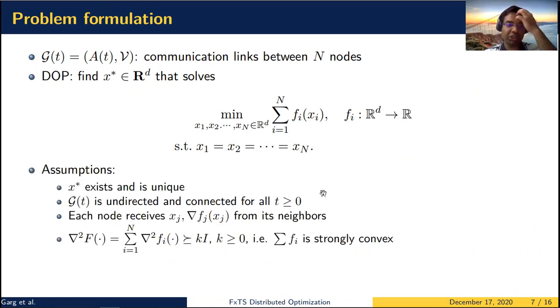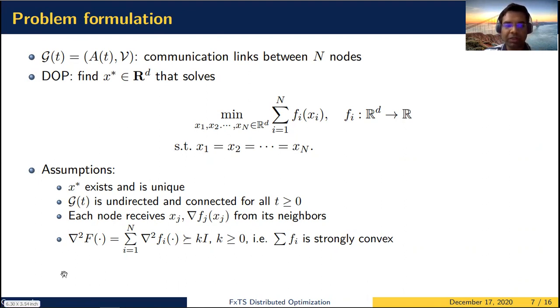We make some assumptions here, particularly that the solution of this problem exists and is unique, that the graph, while it can vary in time, is always connected and undirected. Each node communicates their private values of xj's and the gradients evaluated at that particular value xj's with their neighbors.